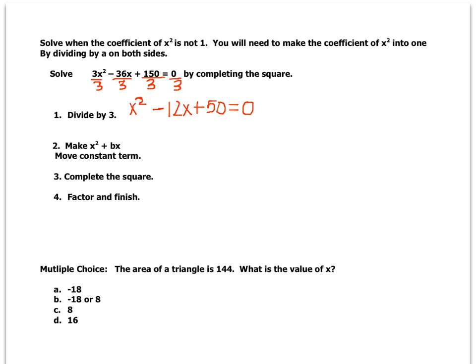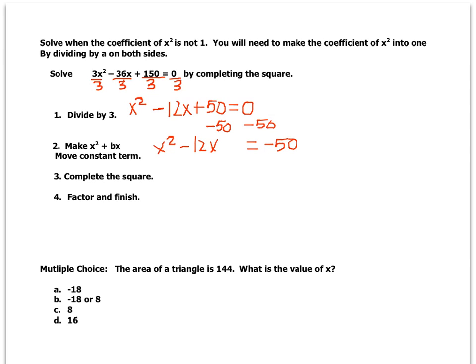Okay, so now we're trying to complete the square. Half of our b term is negative 6. Negative 6 squared is not 50. So I need to move that 50 to the other side by subtracting it. So I have x squared minus 12x equals negative 50.